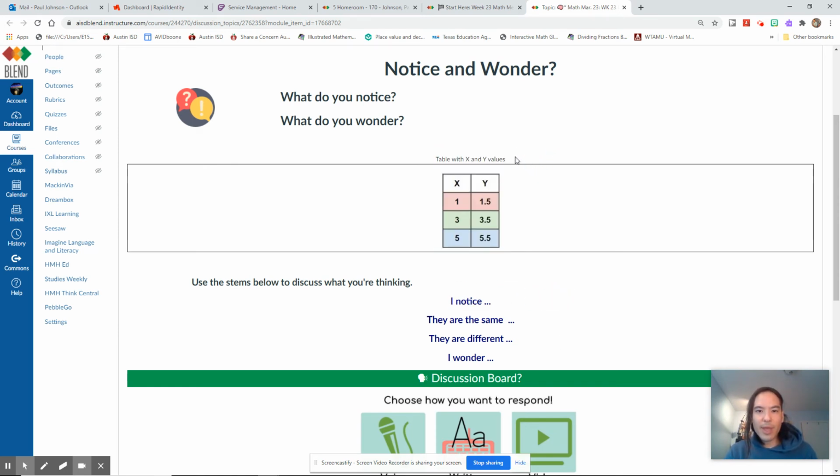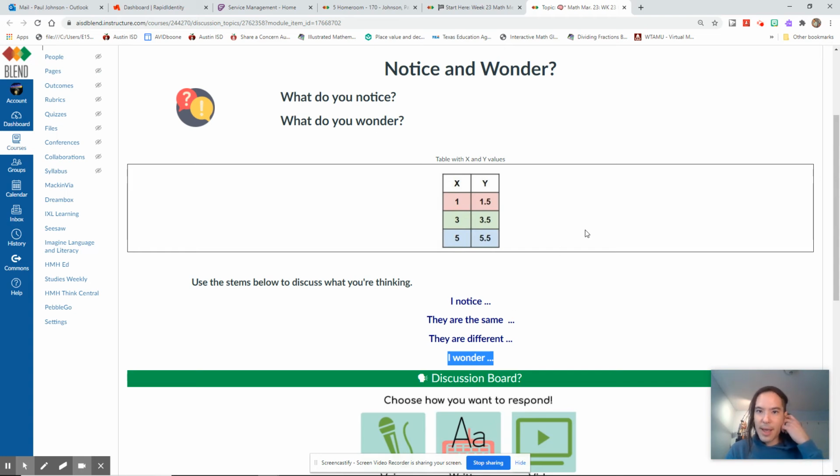You could have got that from right there. They are the same because they follow a pattern. They are different because we start with a different x and end with a different y.